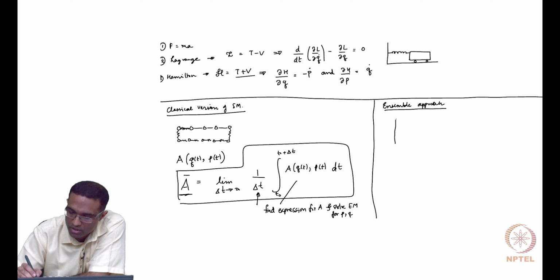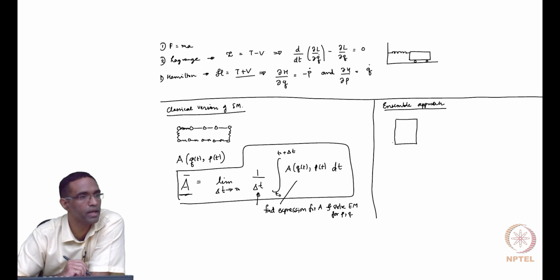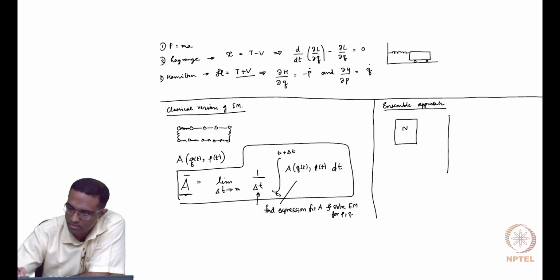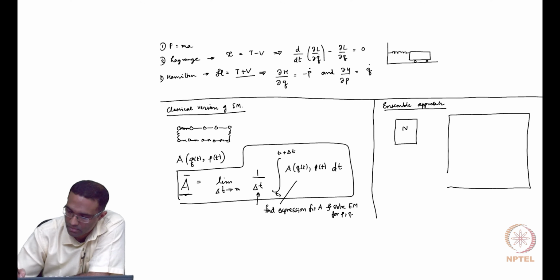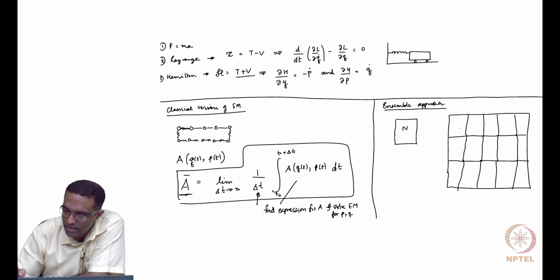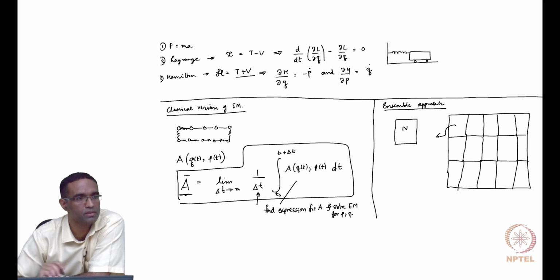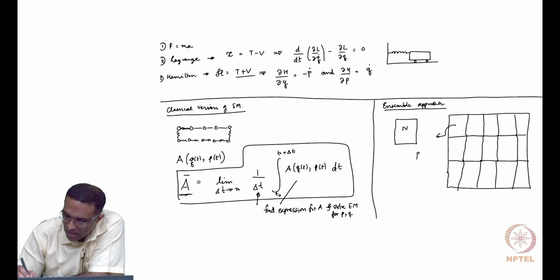For example, if you have a crystal with n number of atoms, then you imagine a large number of mental copies of the same system, and each of these systems have certain Pi's and Qi's.